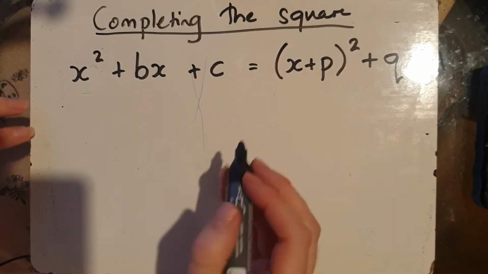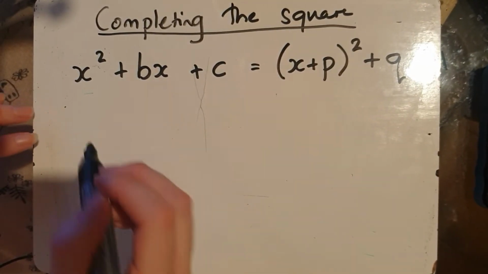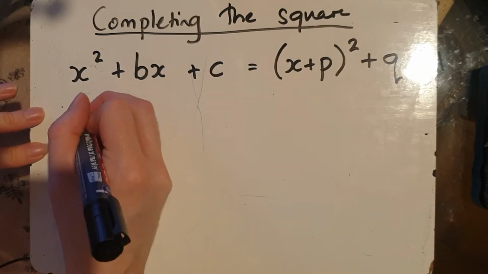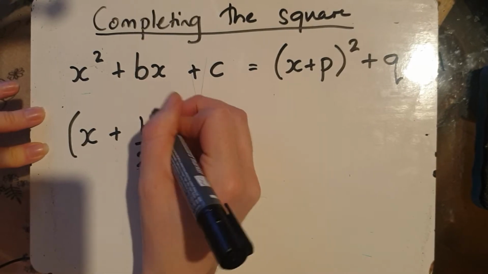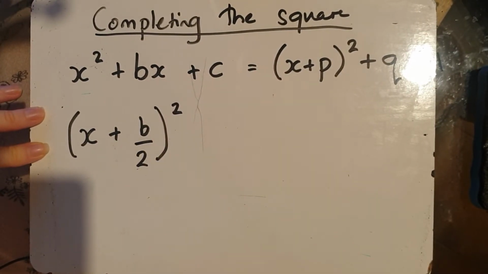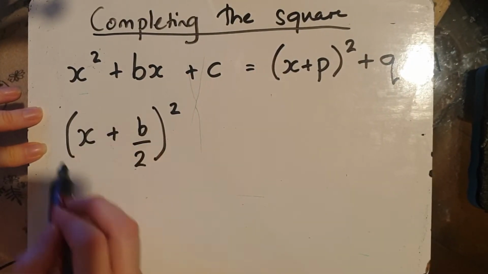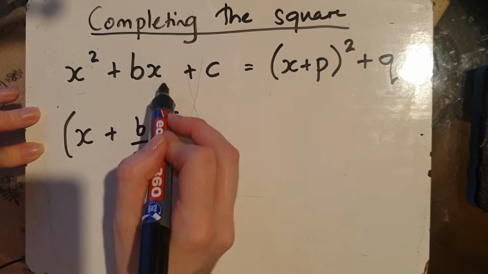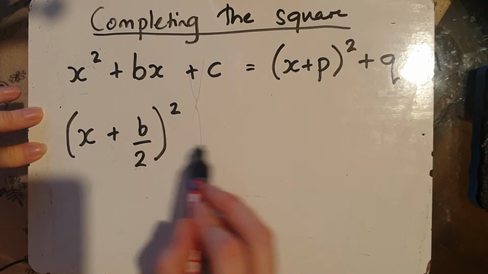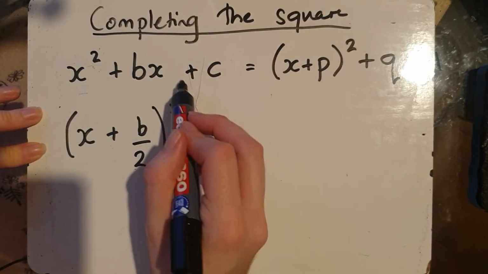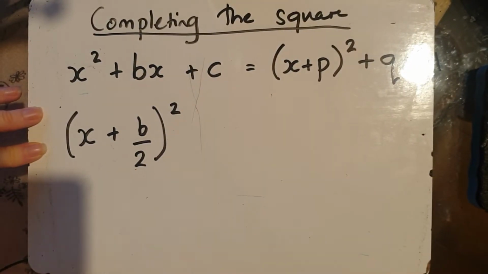Now p is easier to find because we will always start by writing x plus b over 2 squared, and this takes care of this first bit. Then we have to expand this out and see what we end up getting.